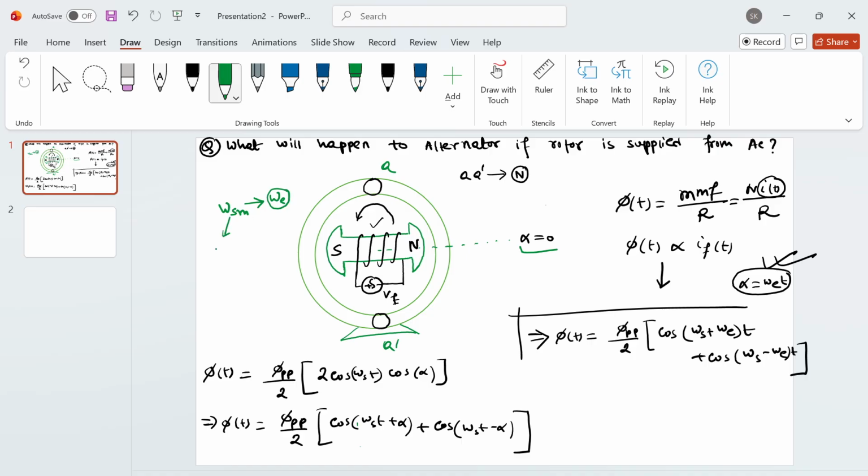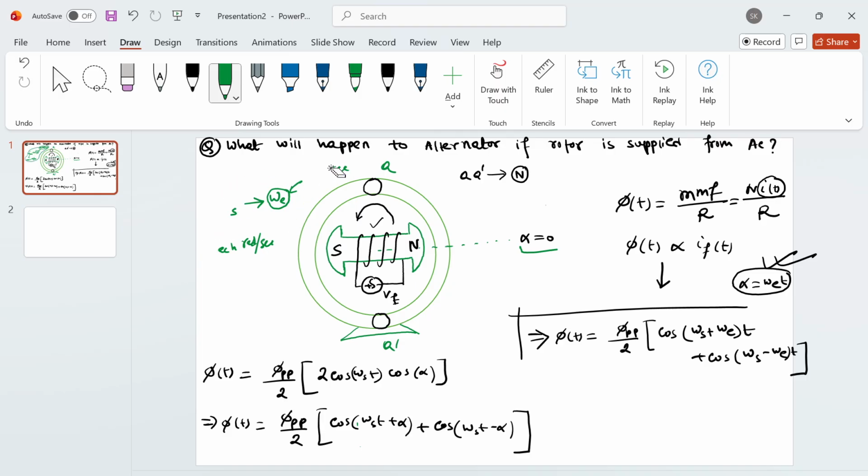One is mechanical radian per second and the other is electrical radian per second. For a two pole machine, these two are the same.